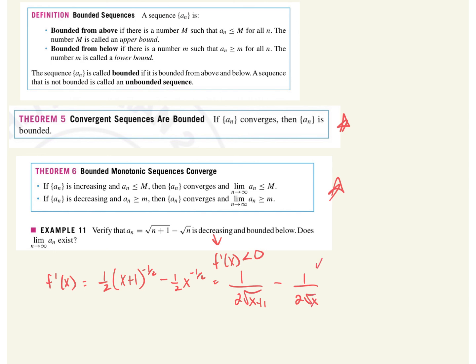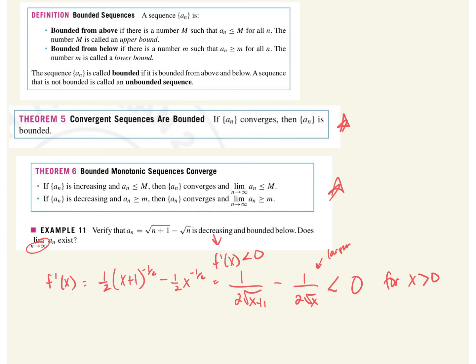The second fraction is larger because the denominator is smaller. Therefore, this is always negative when x is positive, which is all we care about because we're looking at the positive infinity side of things. When x is negative, it's not defined.